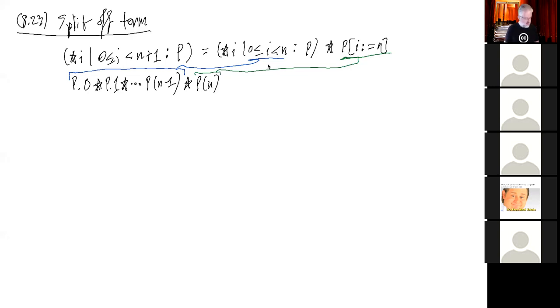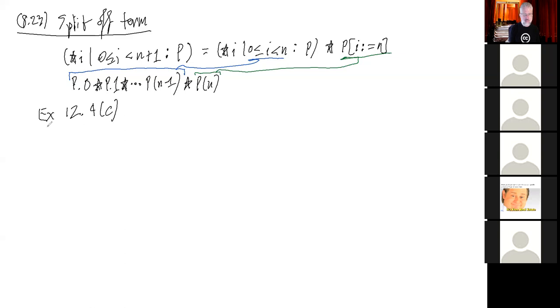And so as an example, this is going to be exercise 12.4c, and I won't do the whole exercise, I'll just focus on the split off term part.